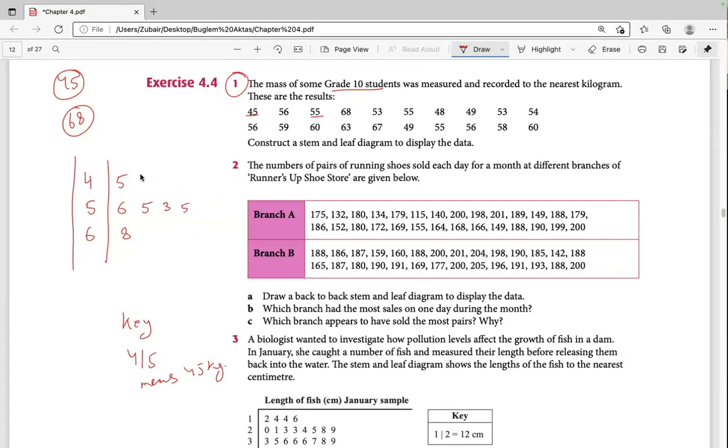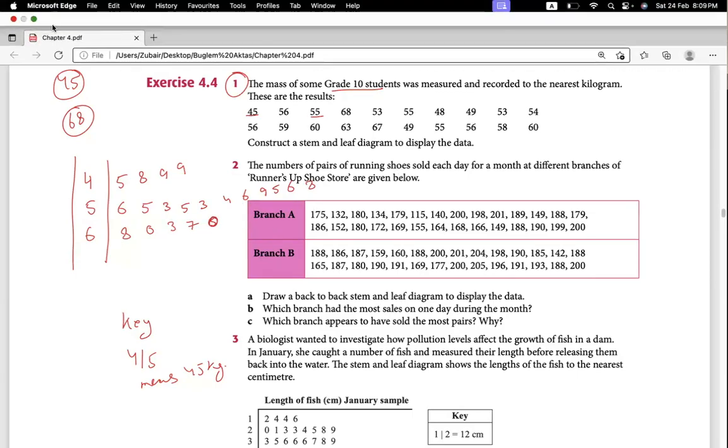55, 48, 49, 53, 54, 56, 59, 60, 63, 67, 49, 55. 55 is in the other line. This is 55. 56 is there. 58 is there, and last one is 60. Data complete. I'm coming to the writing space.